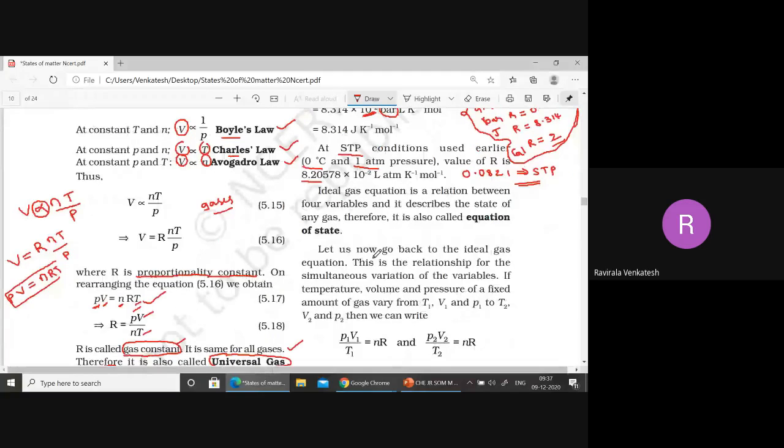Now, the ideal gas equation is a relation between the 4 variables. It describes the state of any gas, therefore it is called the equation of state. Now you may get a question here, why is the ideal gas equation called the equation of state?